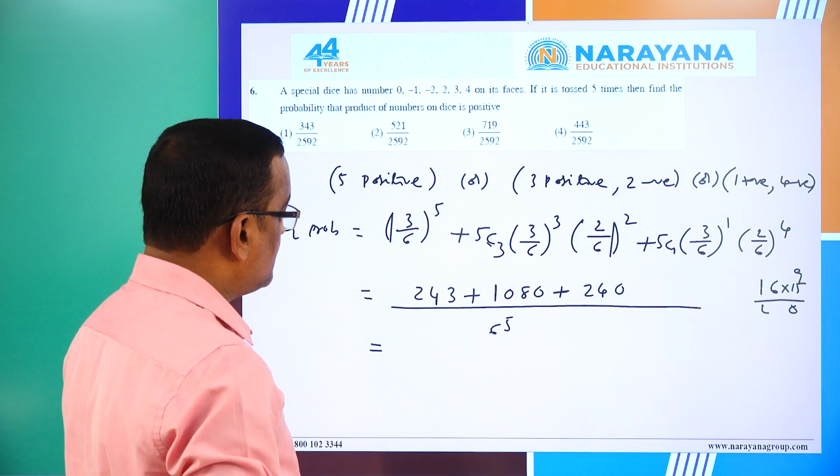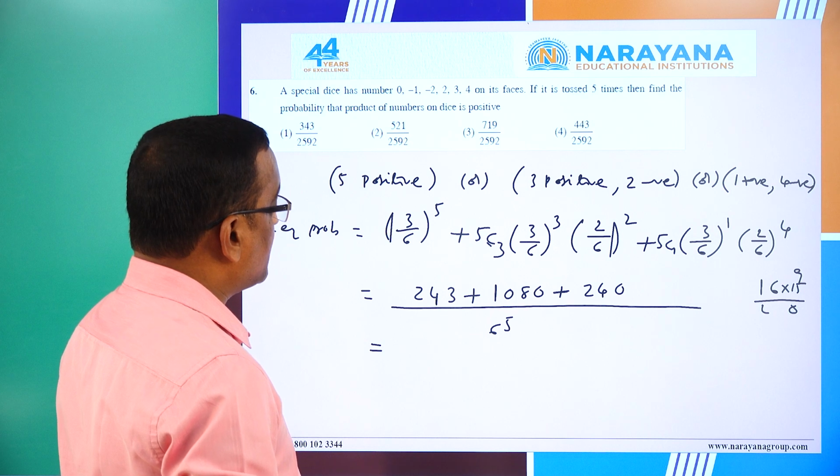Now the numerator is 243 plus 1080 plus 240.